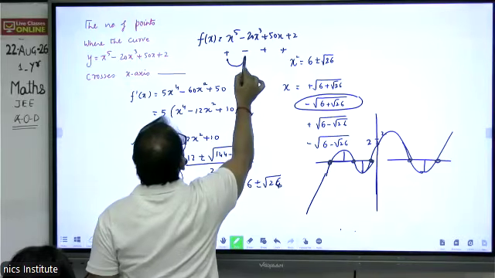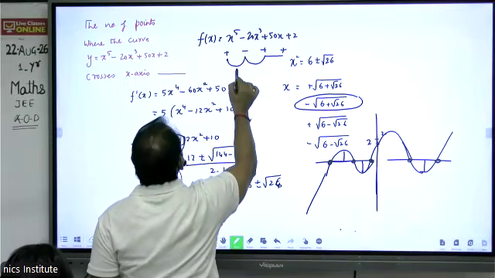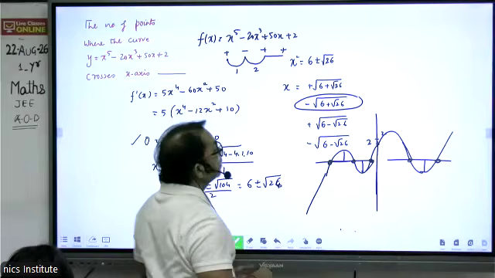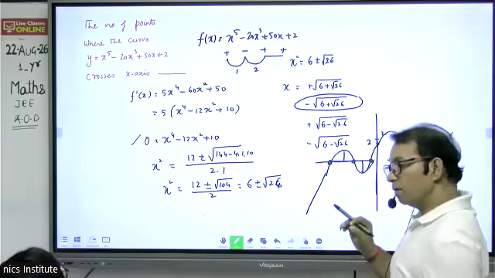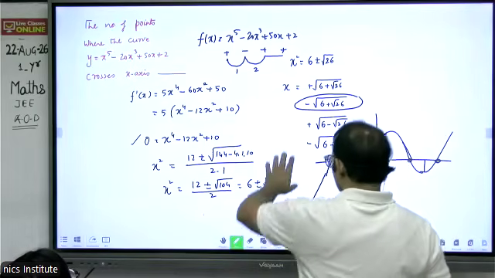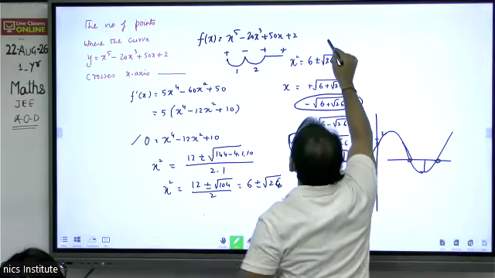Positive to negative, negative to positive, then no sign change. So maximum possible positive roots are 2.